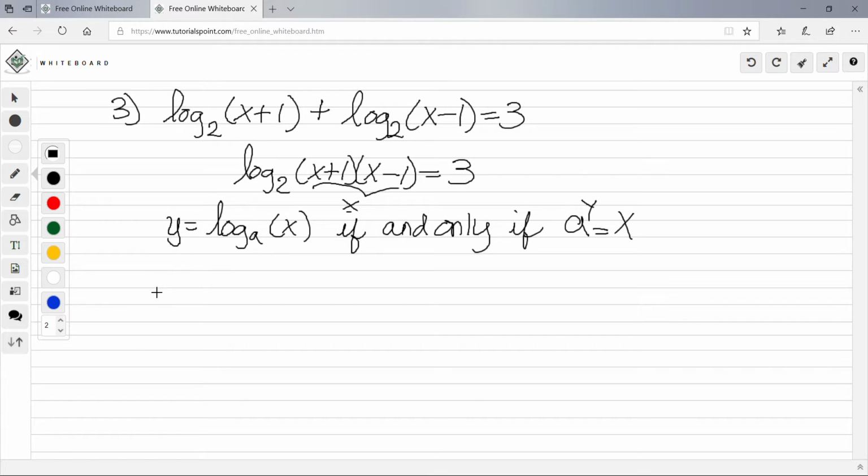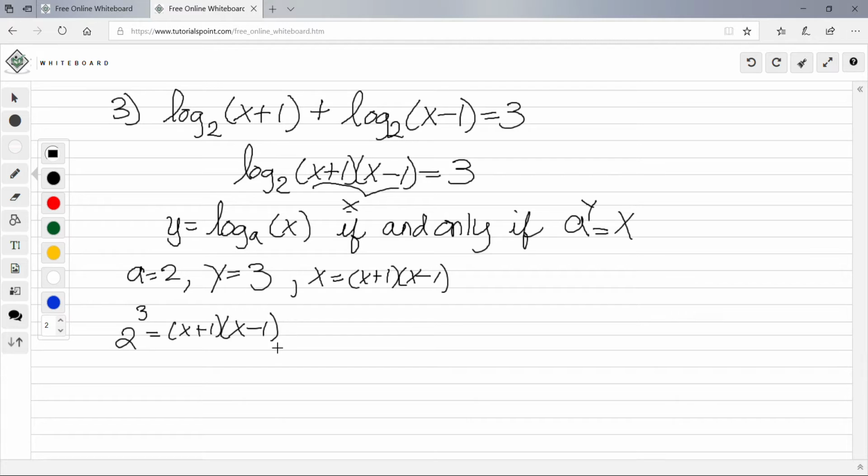So we said that our a, which is the base, is 2, our y is 3, because it's always at the end side, and then our x is this whole thing, right? Good. So now we could put it in this form, a to the y equals x. So 2 to the y, which is 3, equals x, which is x plus 1 times x minus 1.